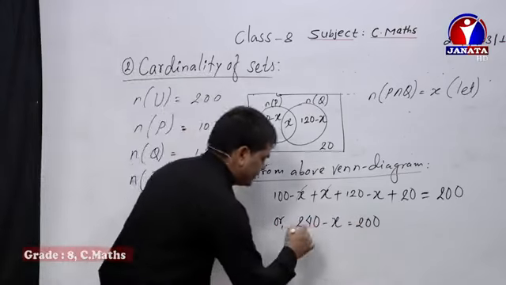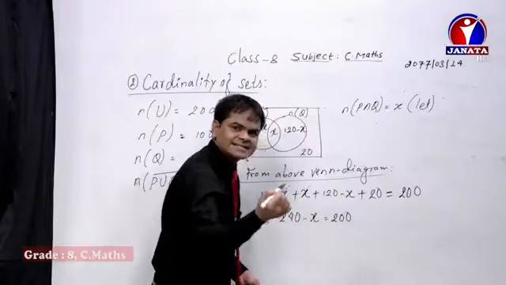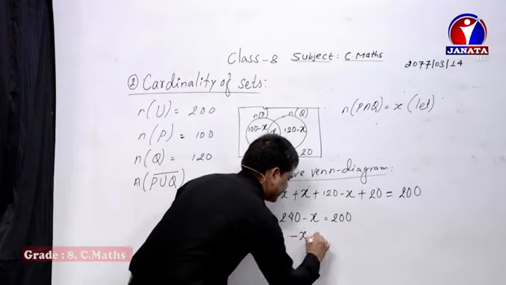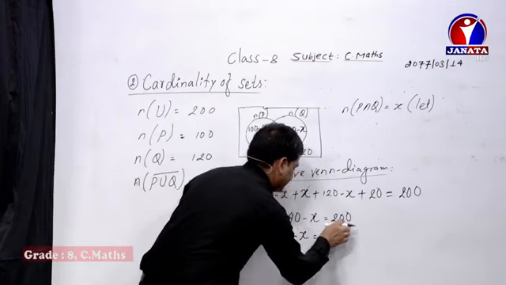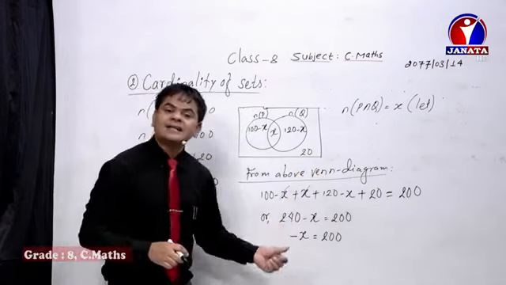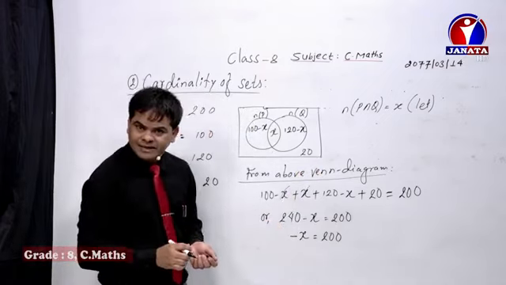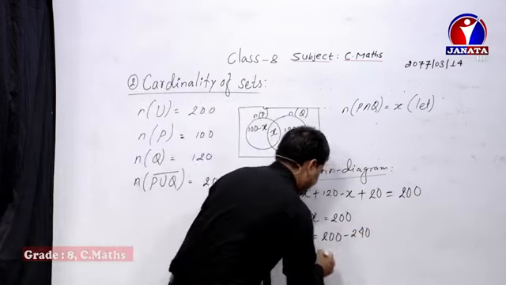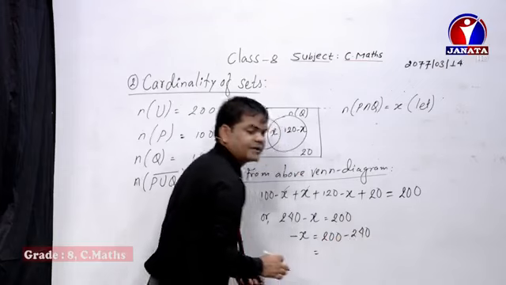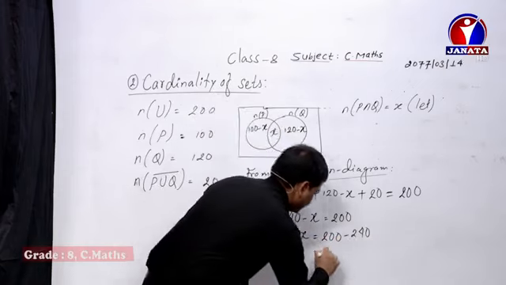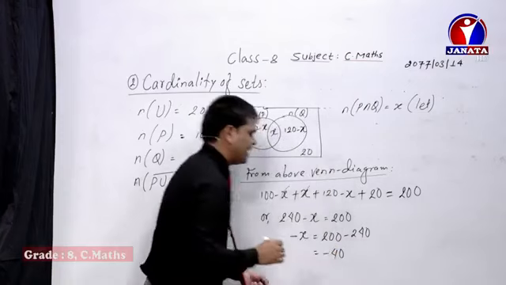Now if we take 240 to that side, what happens? Minus x will remain on this side, and 200 is there already. Now 240, as it is positive on the left hand side, while taking it to the right hand side, it will be negative. So minus 240. Now 200 minus 240, as the negative value is bigger than the positive value, the value comes in negative form, minus 40.